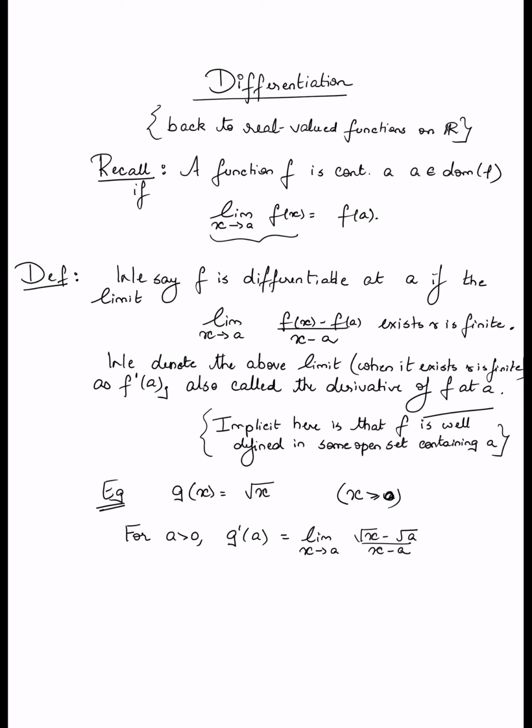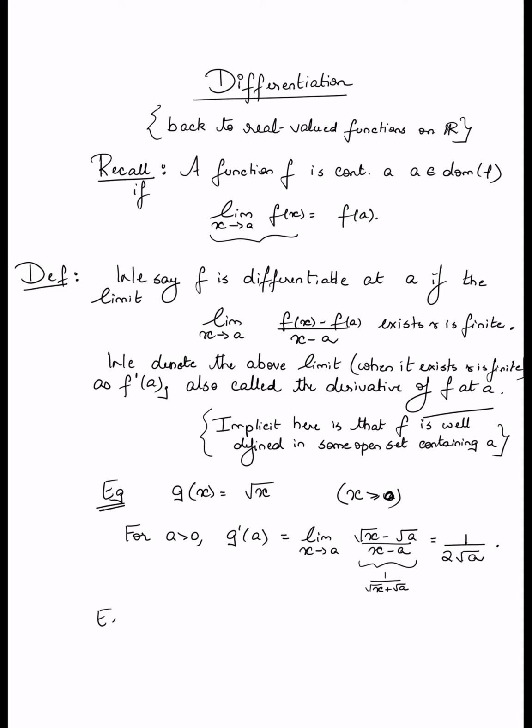But this ratio is essentially the same as 1 by square root x plus square root a. I can use that representation to conclude that this limit does indeed exist, because we know that square root x is continuous. So as x tends to a, square root x tends to square root a, and you would get this limit to be 1 by 2 times square root a, which we all know to indeed be the derivative of this function at a.